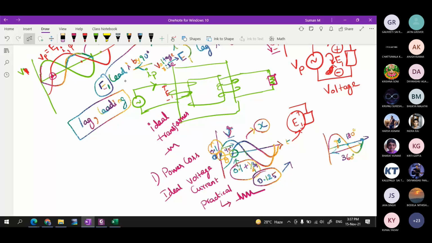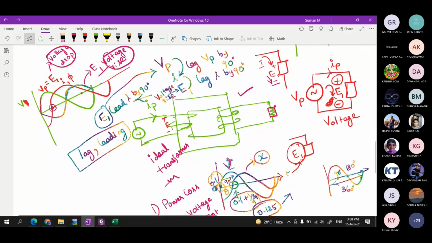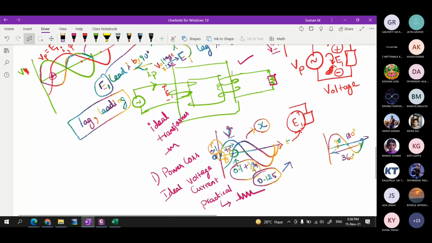We discussed that, I think. So now, since we did not include any losses here, you can consider this an ideal transformer. But a practical transformer will not be like that. A practical transformer will have its own losses.